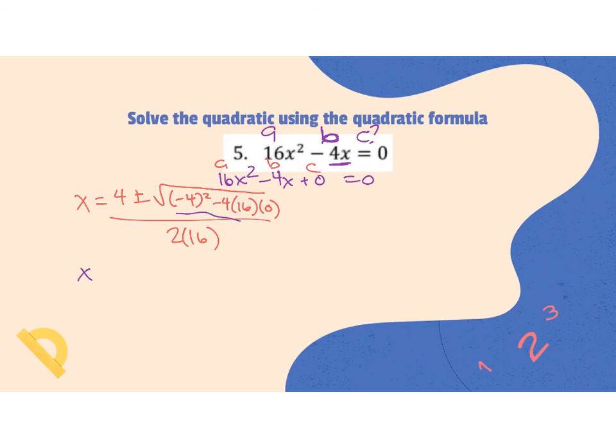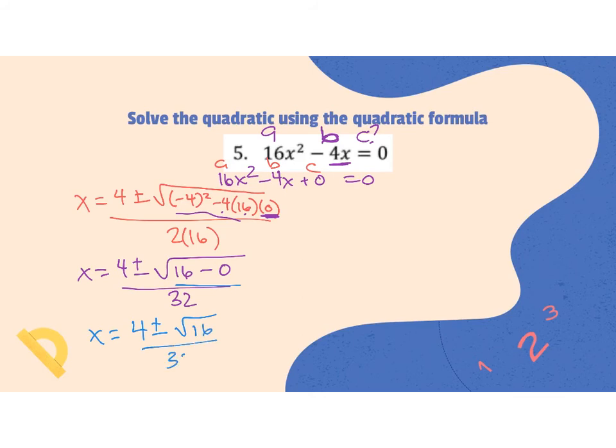So I have x equals 4 plus or minus the square root of negative 4 squared is 16. 4 times 16 times 0. You don't even need to type it in. You can if you want to, but you don't need to. Anything multiplied by 0 is still 0. 2 times 16 is 32 in the bottom here. 16 minus 0 is 16. 4 plus or minus the square root of 16 all over 32.